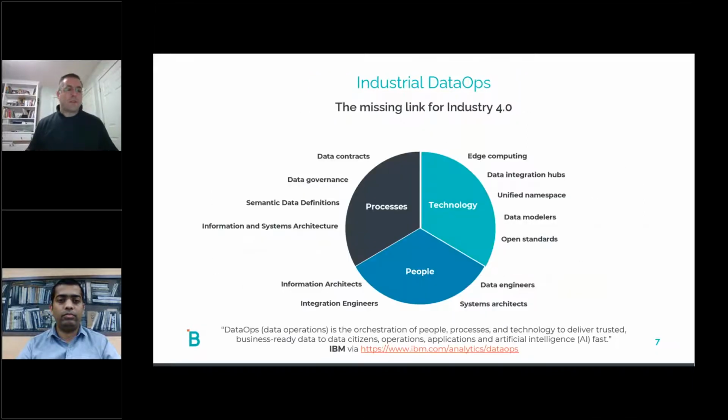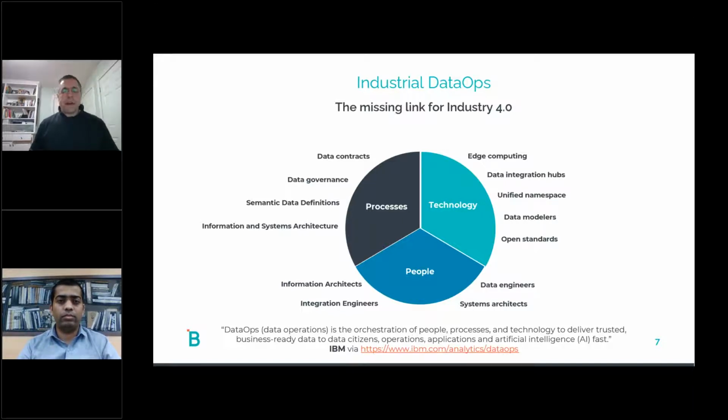Now, the way to solve this data connectivity challenge and the data usability challenge, we've seen a new practice come into play called Industrial DataOps. And Industrial DataOps really came out of the IT world, where they talked about DataOps, companies like Hitachi and IBM.